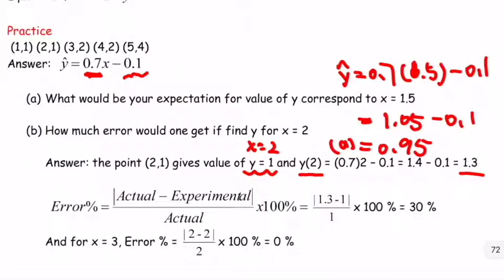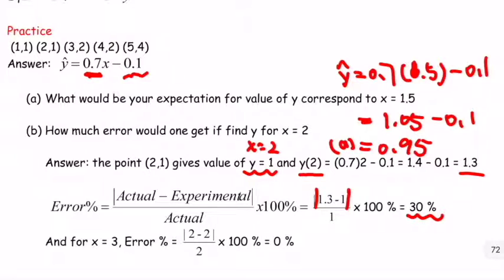And the error is going to be the expected value minus the actual value, divided by the actual value, times 100%, which is 1.3 minus 1 in absolute value, divided by 1, times 100%, which is 30%.